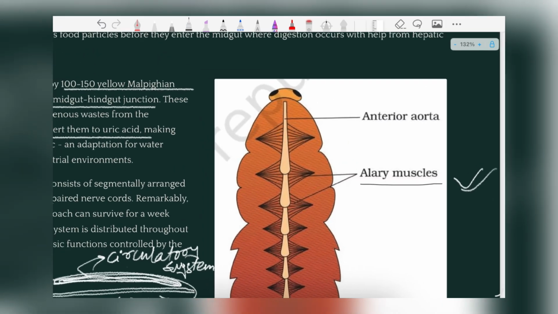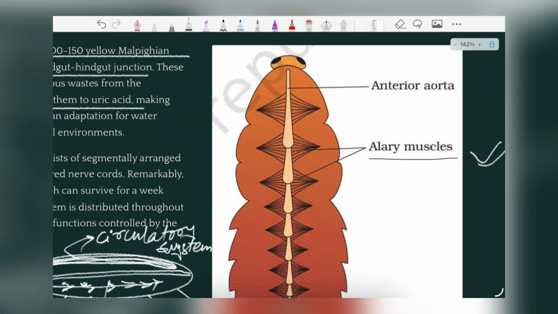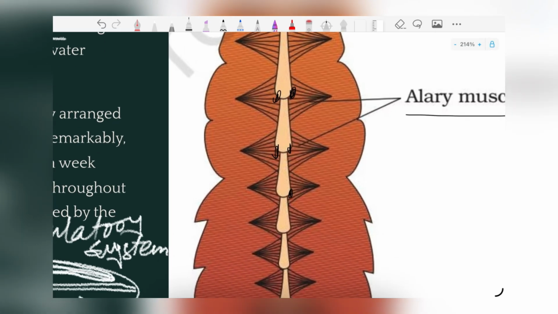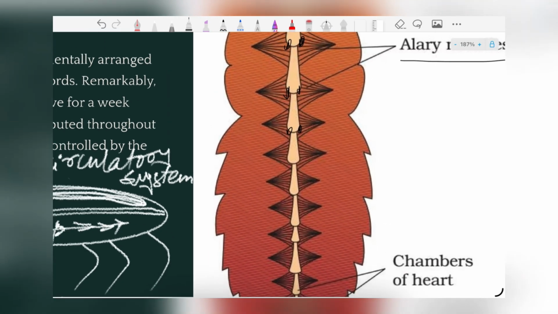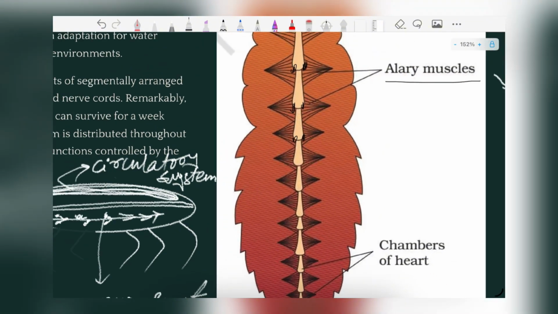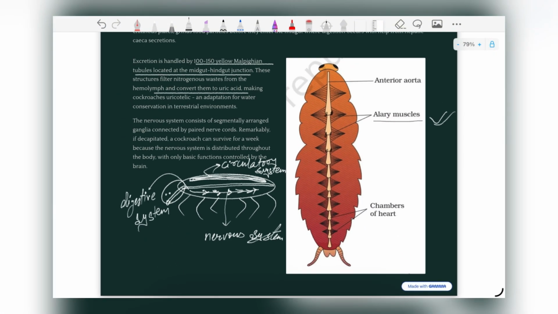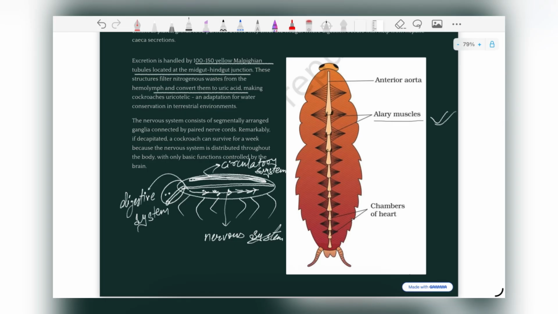Anterior aorta. From here there are small spaces from which the hemolymph enters and circulates throughout the heart, then throughout the body.